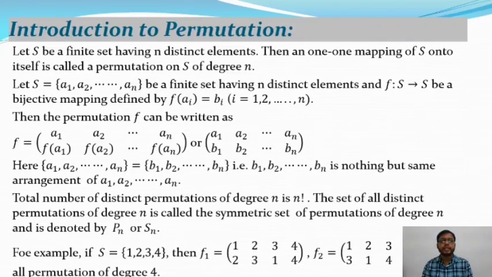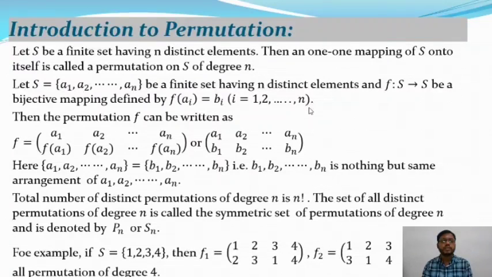Let f be a bijective mapping from S to S, defined by f of ai equals bi, where i equals 1, 2, 3 up to n. So f of ai equals bi is the image of the element ai for i equal to 1 up to n.